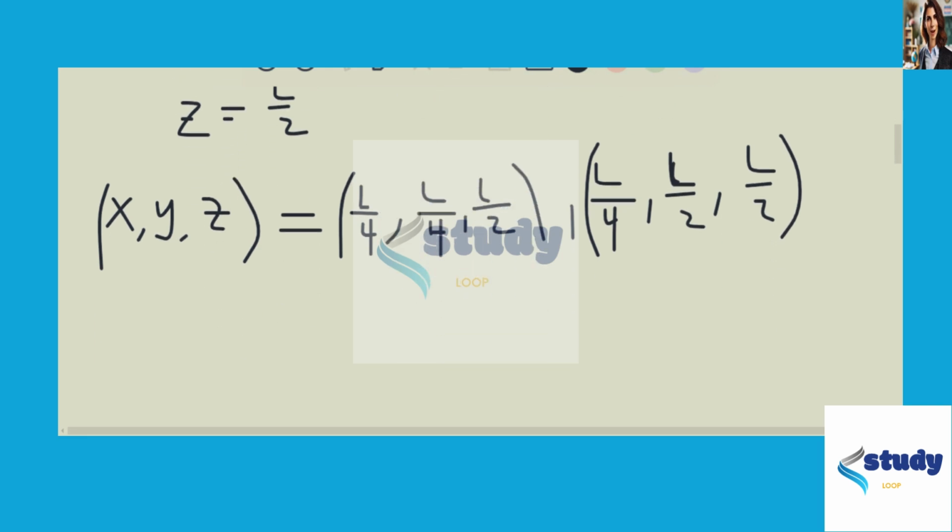Then you also have k equal to 3 for x and k equal to 1 for y, so this gives you 3L over 4, L over 4, L over 2.